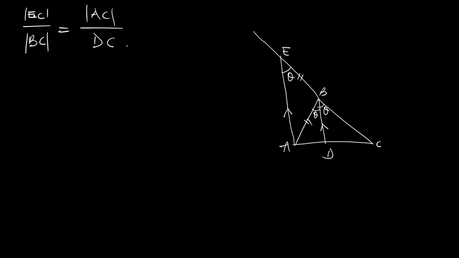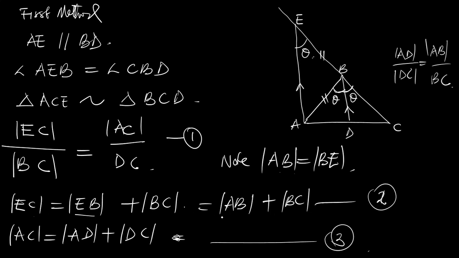So from equation 2, EC is equal to AB plus BC.